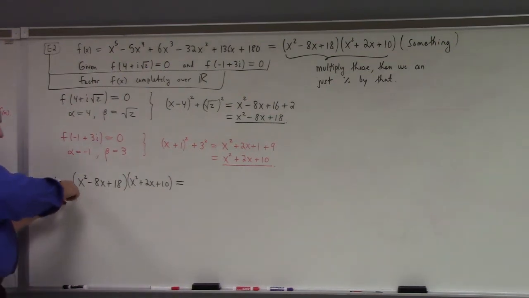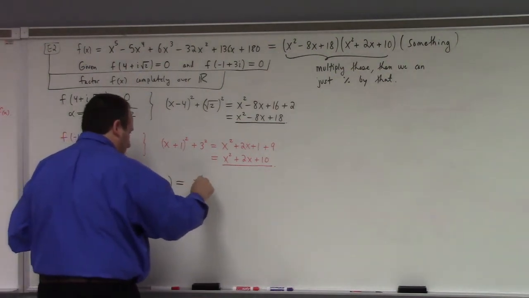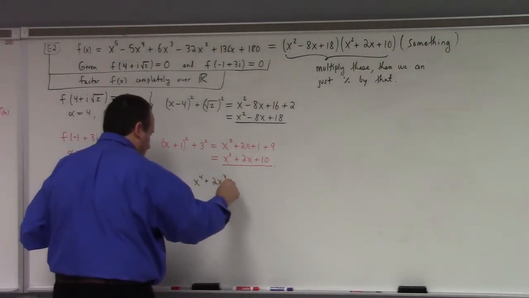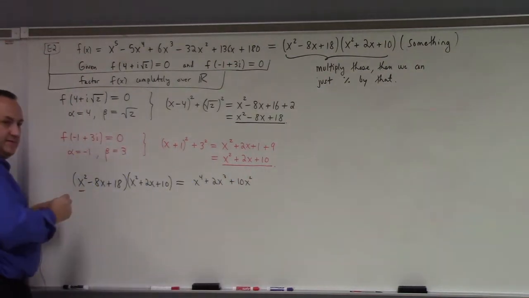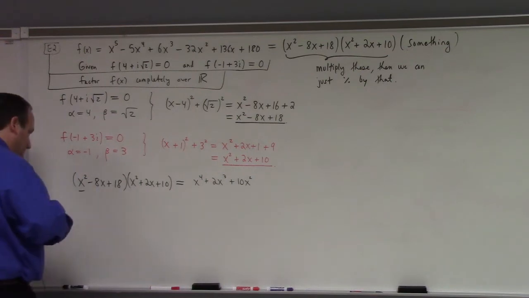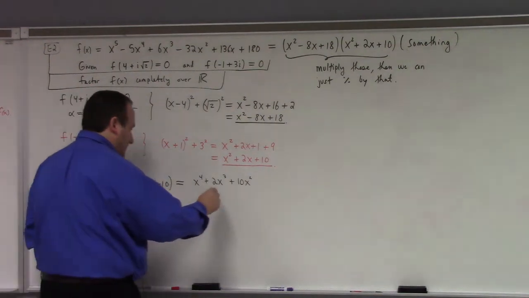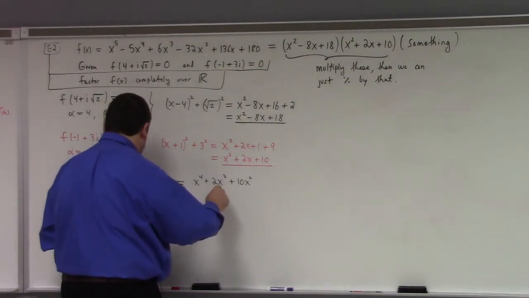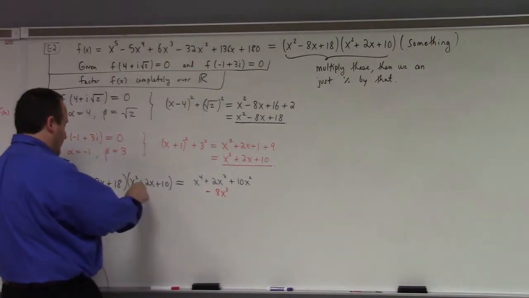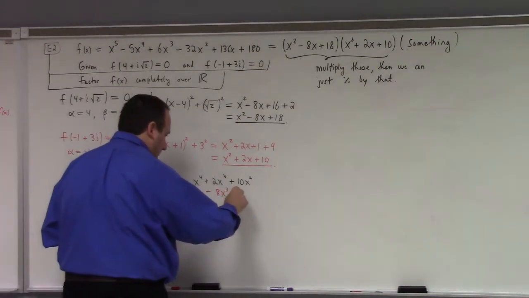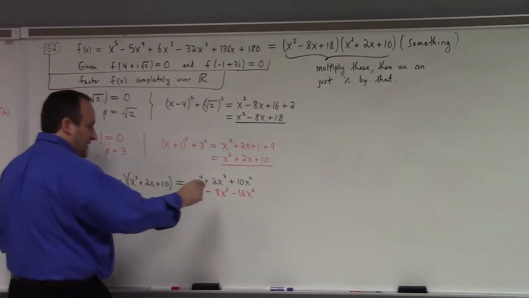So first I do x squared times the second thing. That gives me x to the 4th plus 2x cubed plus 10x squared. That's from multiplying the x squared. Then I'll do the minus 8x. That gives me minus 8x cubed, minus 16x squared, minus 80x.